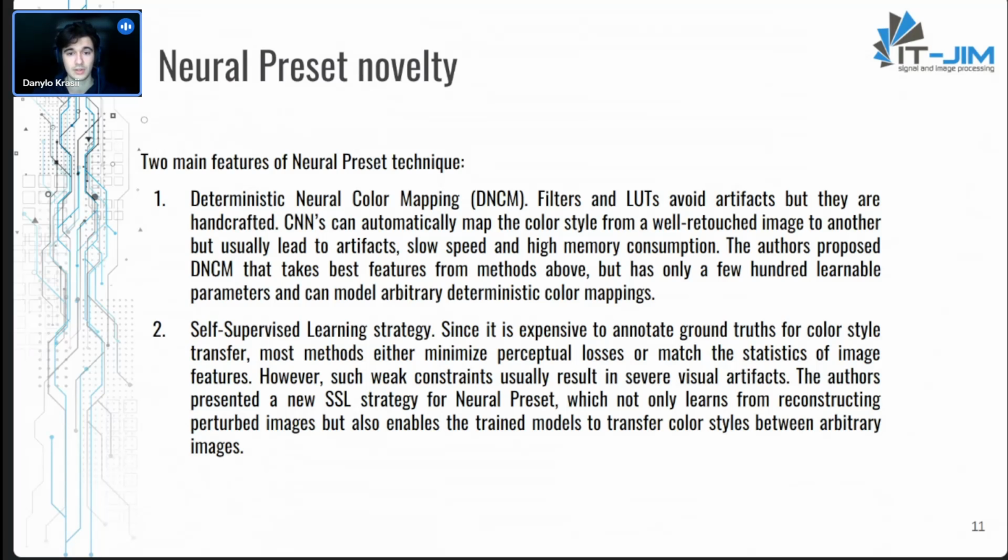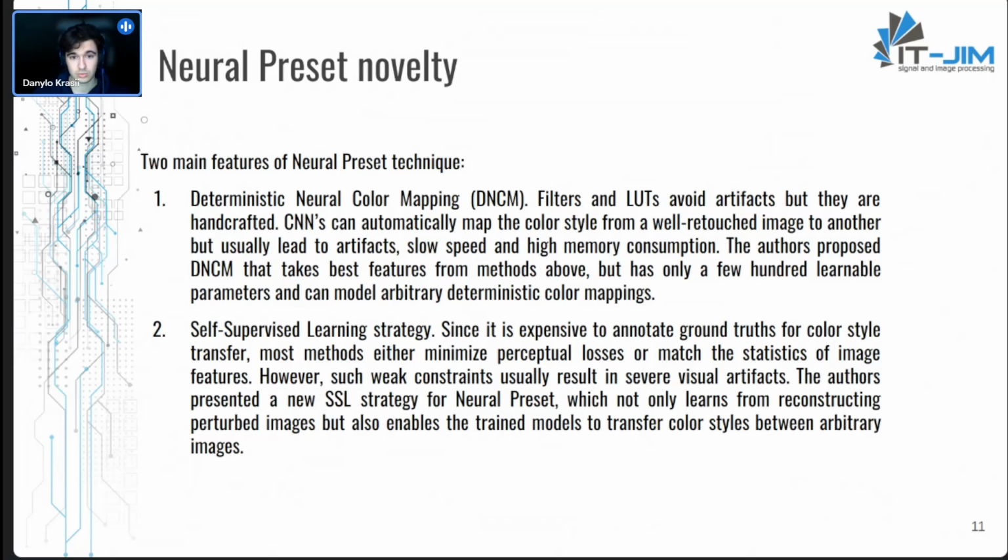CNNs can automatically map the color style from a well-retouched image to another, but usually lead to artifacts, slow speed, and high memory consumption. So the authors proposed the NCM that takes the best features from the methods above, but has only a few hundred learnable parameters and can model arbitrary deterministic color mappings.